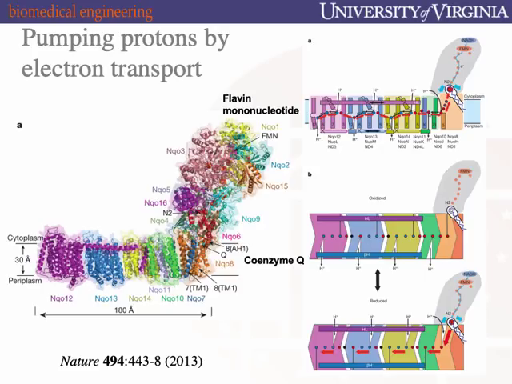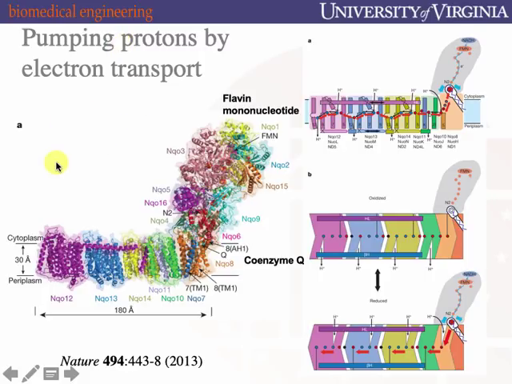There's a whole lot of details in this cartoon. I just want to give you the gestalt of what's happening. First, I want to orient you. Everything's flipped now. Matrix is on the top, intermembrane space is on the bottom. So we have the matrix up here.